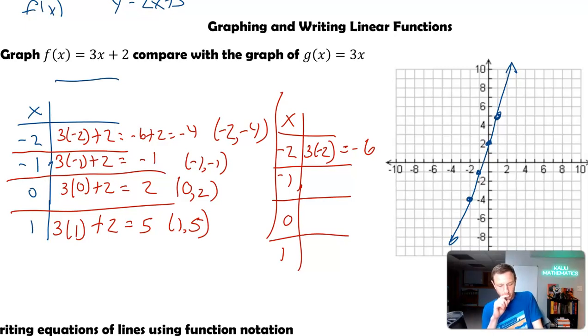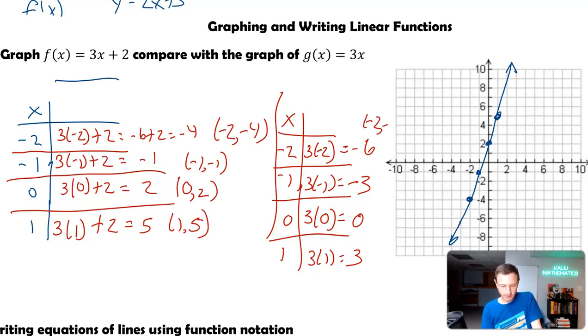Then -1: 3 times -1 is -3. 3 times 0 is 0. 3 times 1 is 3. So we get these ordered pairs: (-2, -6), (-1, -3), (0, 0), and (1, 3).